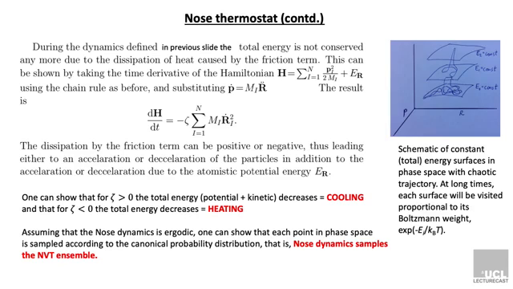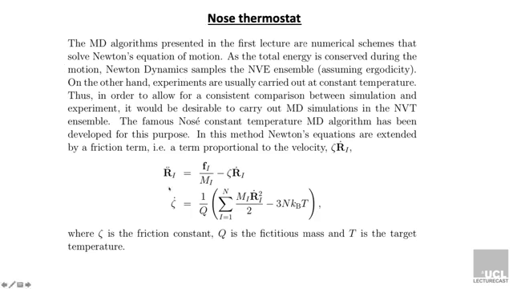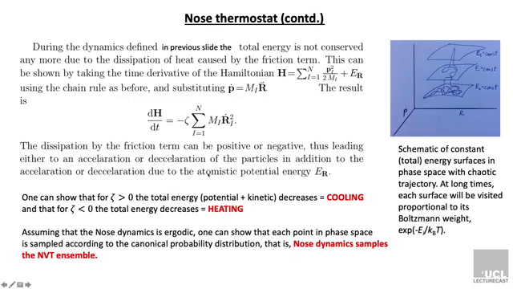We just take the time derivative of the Hamiltonian, and if you do that using this equation for the accelerations, you can show that the time derivative of the Hamiltonian is equal to m times velocity squared, so this is twice the kinetic energy, times theta times minus 1.